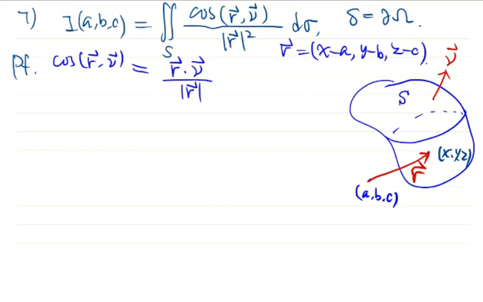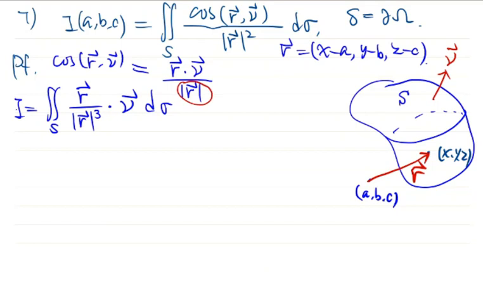So our integral I is actually the integral over S of R inner product with nu, divided by R cubed, because here we have an R and we also have an R squared, so altogether it is R cubed. Okay, so by the Divergence Theorem, this would be the integral over omega of the divergence of this.